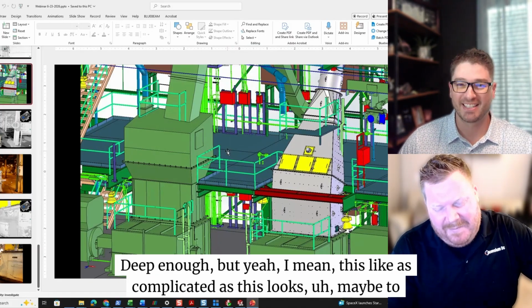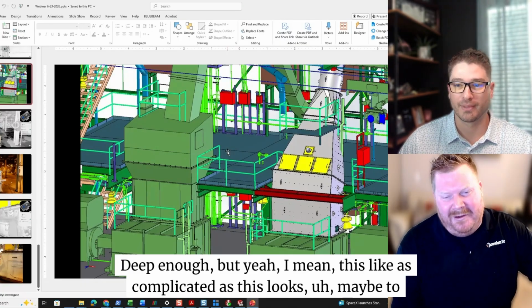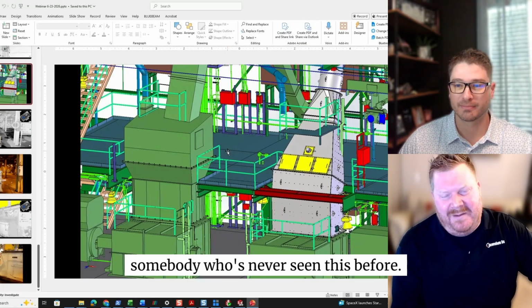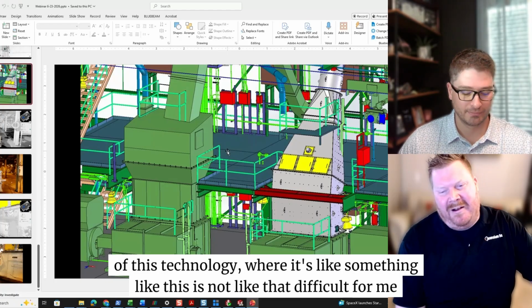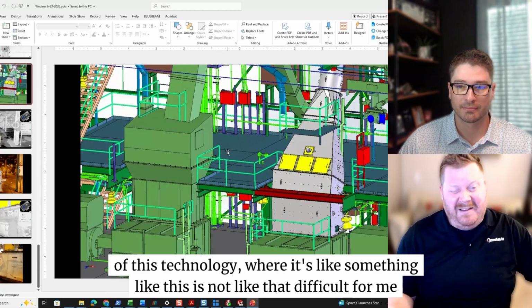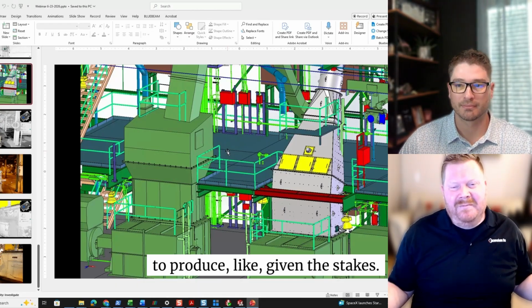I'm hoping I went deep enough, but yeah, as complicated as this looks, maybe to somebody who's never seen this before, we have decades of engineering experience and being early adopters of this technology, so something like this is not that difficult for me to produce.